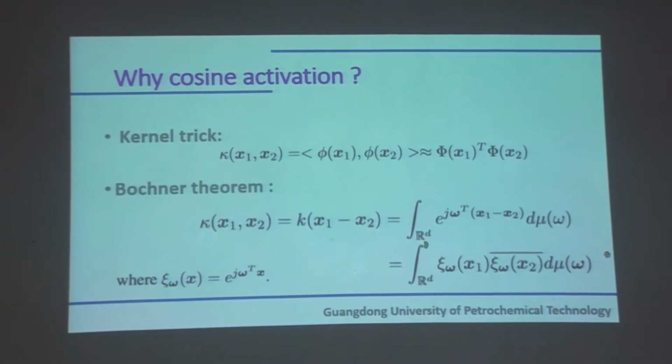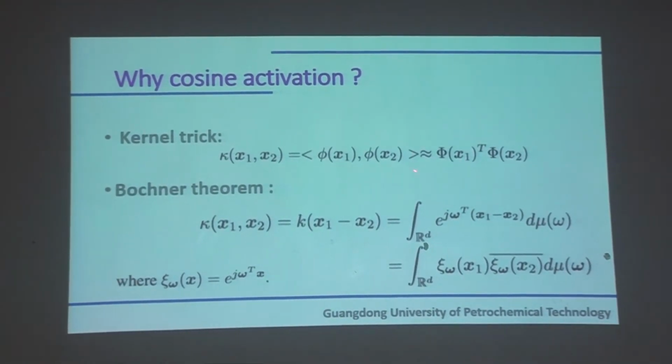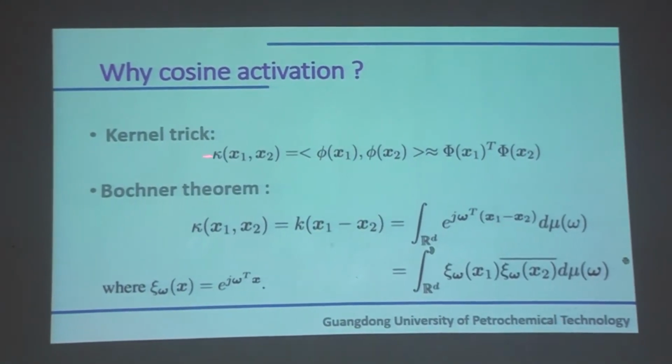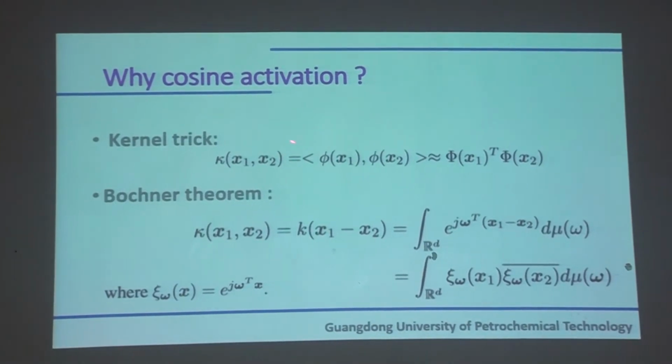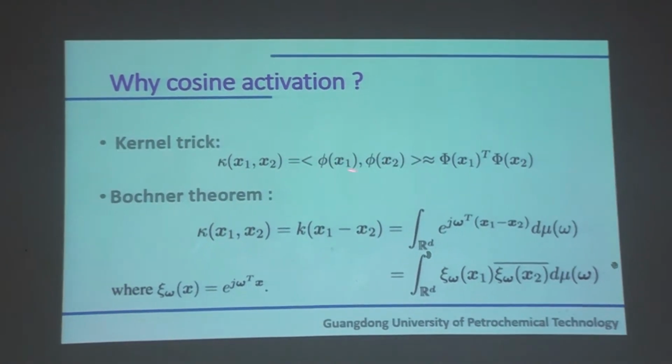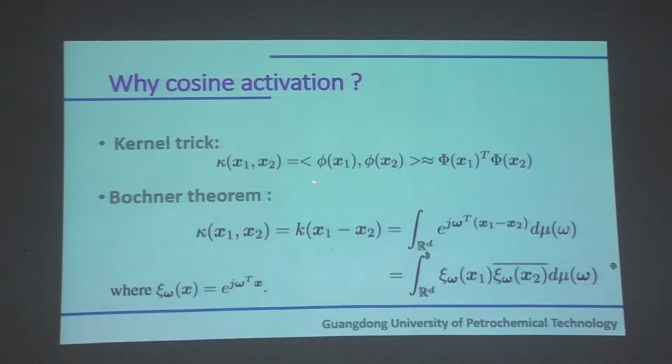Based on this fact, and this is just the inner product, okay? And with the kernel trick, normally we don't need to know what the phi is. Because this inner product is equal to this phi, we just use the kernel trick, like the SVM classifier, and we can get a nonlinear classifier and get suitable performance, okay?